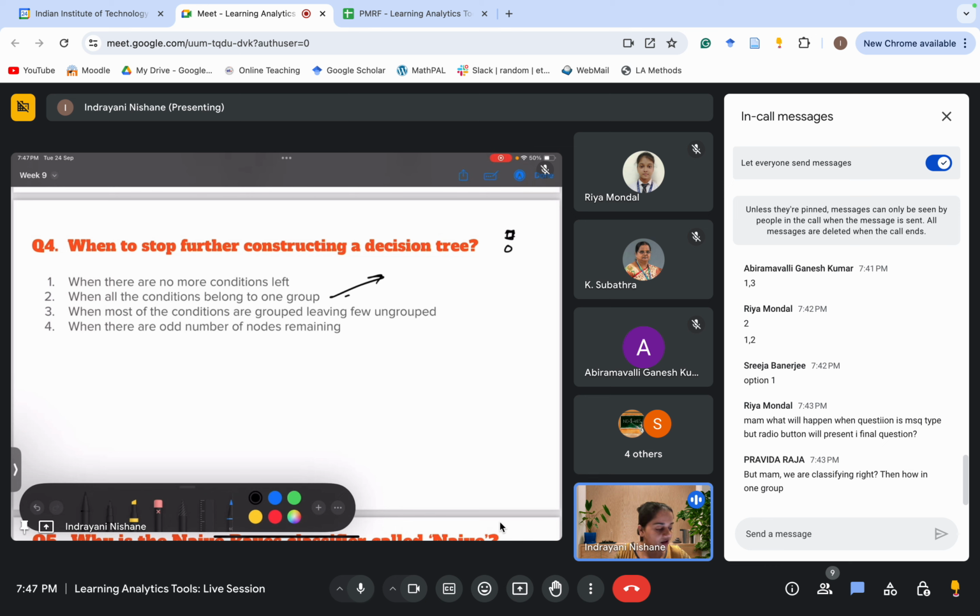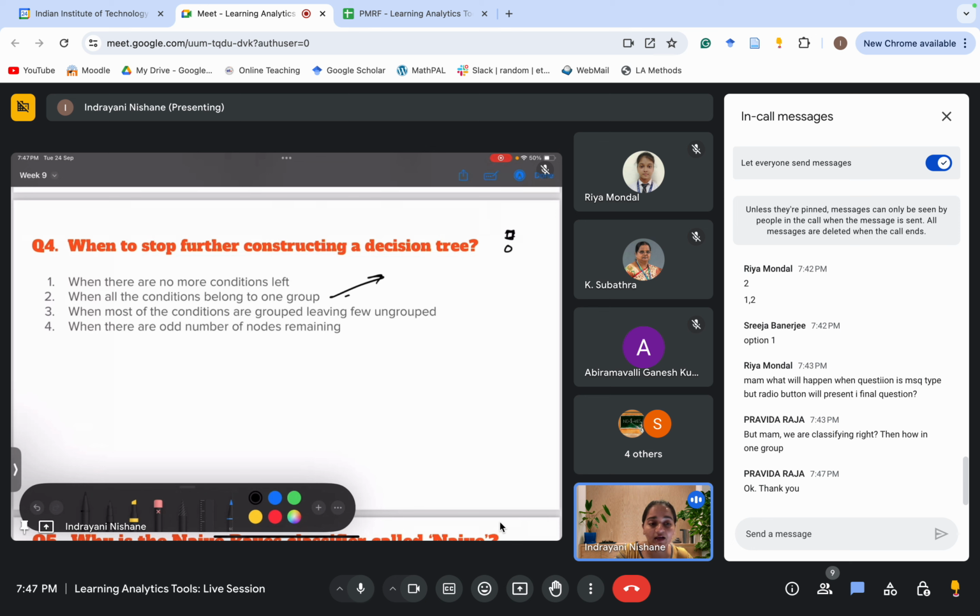Okay, so right now I don't know if I have cleared your doubt or I have created more confusion, but if you remember hierarchical clustering, consider the same example to understand this decision tree also, because in the same way we are doing this decision tree as well. In hierarchical clustering, we were considering distance between the data points, distance between these features. In the same way, here we are considering which condition that particular feature is satisfying.